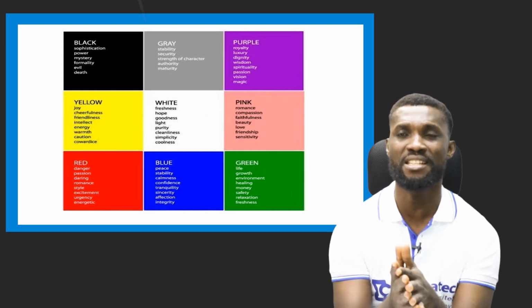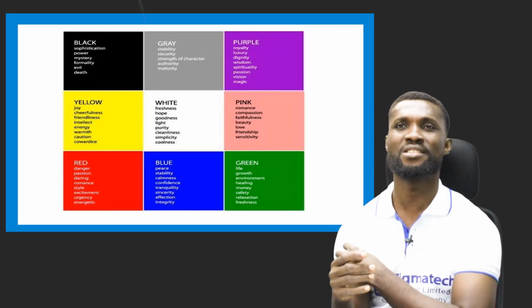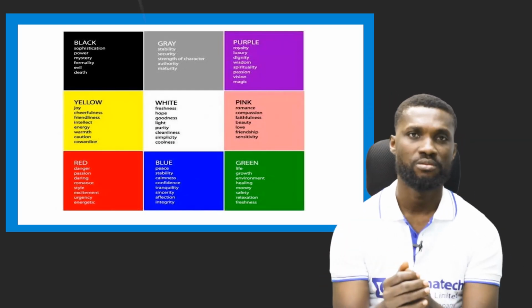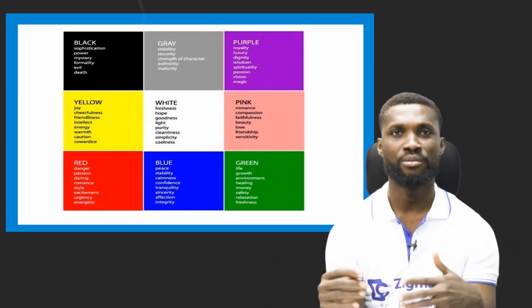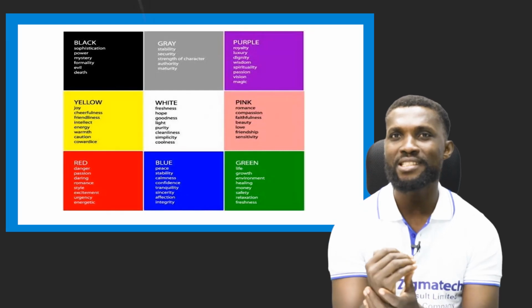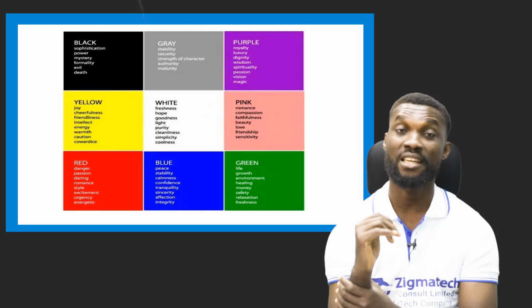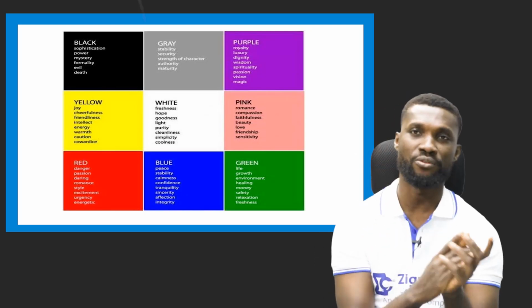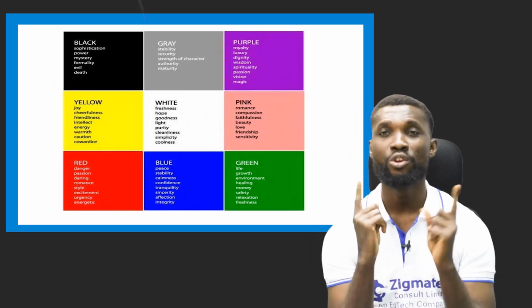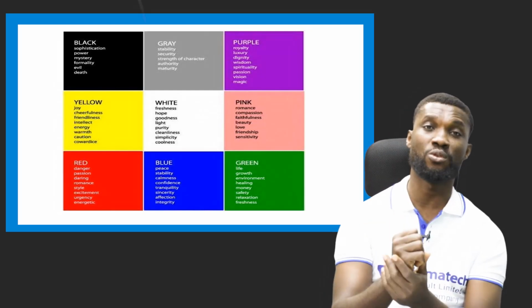Now listen, all these things we're mentioning, you just have to know them. Because in your exam, they might list, okay, among the following colors, which represents passion? A, red, B, blue, C, purple. So what do you think is the answer? If you don't know this, how then will you answer? I guess purple. Beautiful. If you pick purple, you're very correct. So you need to know the meaning and interpretation of each color.